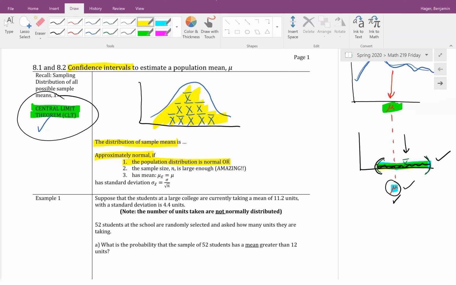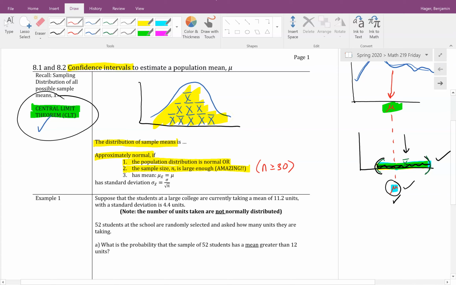A lot of times we don't know that, so the other condition that we go by a lot is as long as our sample size is big enough, then we're going to have a distribution of sample means that's approximately normal. And if you remember, large enough for a mean, the requirement was that the sample size had to be at least 30. If the sample size was at least 30, then we feel really confident that our distribution of sample means will be normal and therefore easy to analyze.